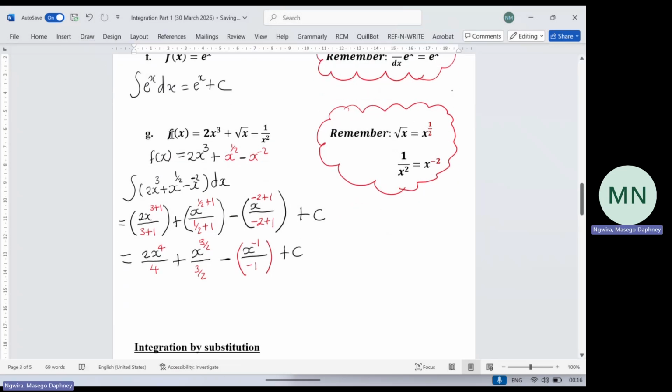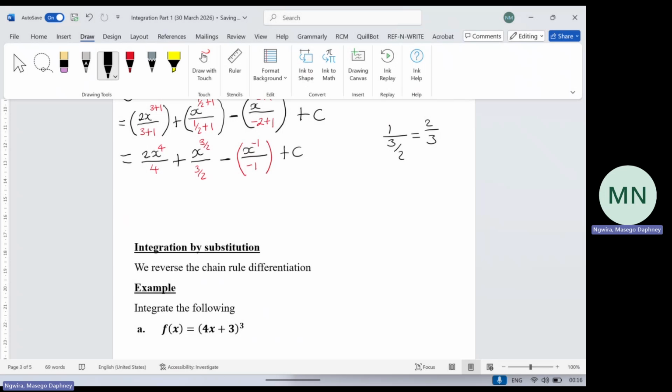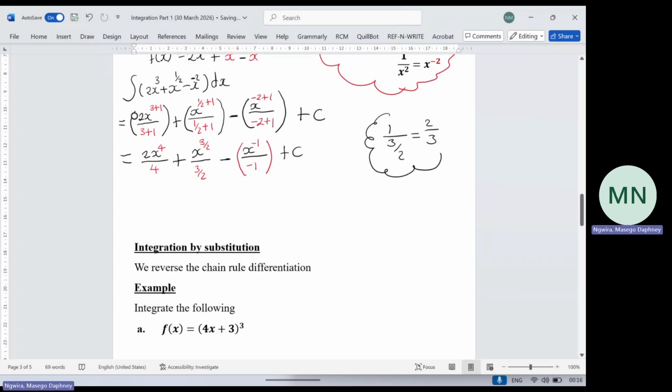All right, and now I am going to simplify this. So please note that 1 over 3 over 2 is going to give you 2 over 3, just in case you ask where I got that.